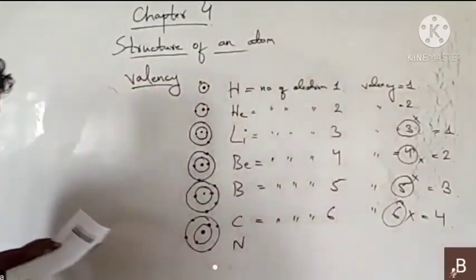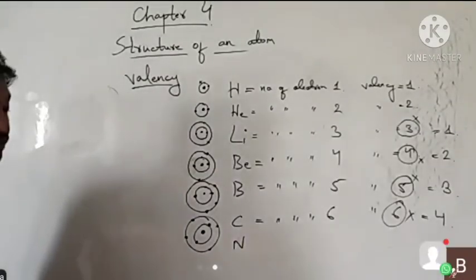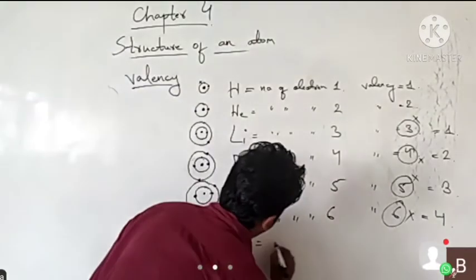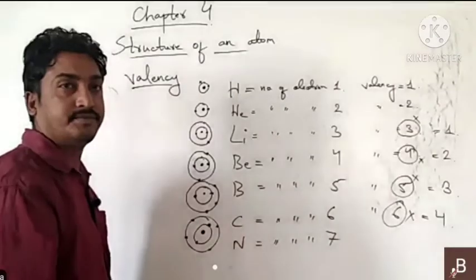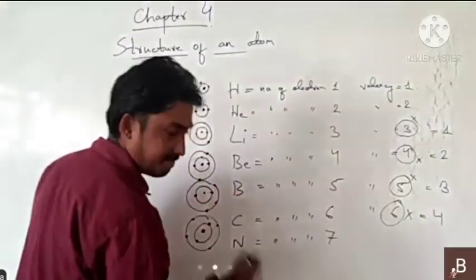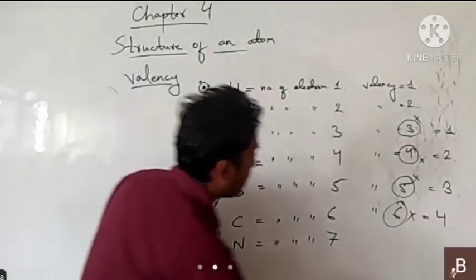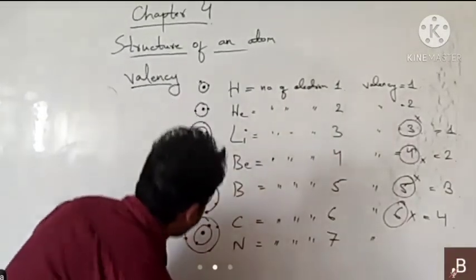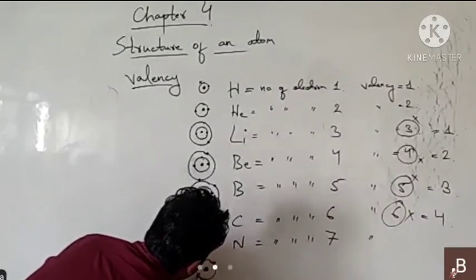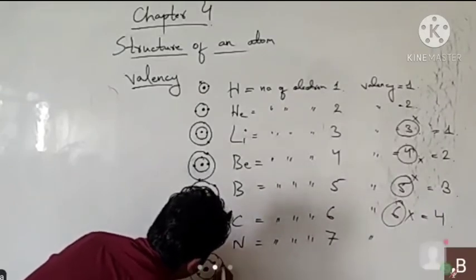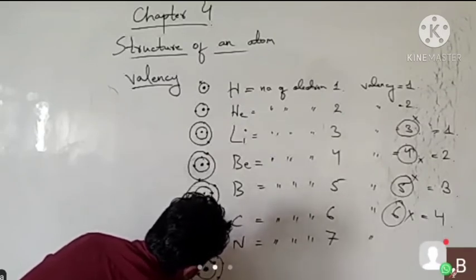But for nitrogen, now here it is very interesting. Nitrogen's number of electrons is 7. For nitrogen, so valency will be how much? 1, 2, 1, 2, 3, 4, 5.